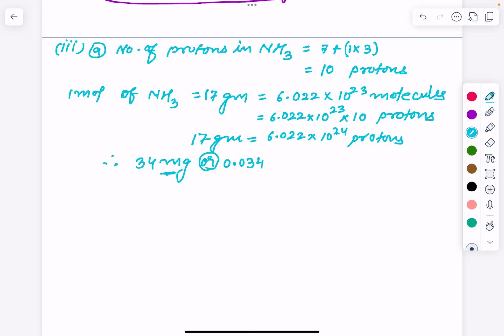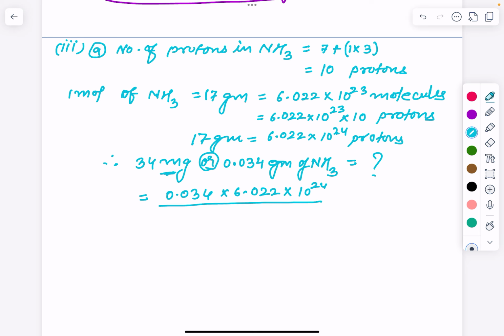17 grams has this many protons, so 0.034 grams of ammonia will have how many protons? Again, you need to multiply 0.034 into 6.022 into 10 to the power of 24 and divide by 17.